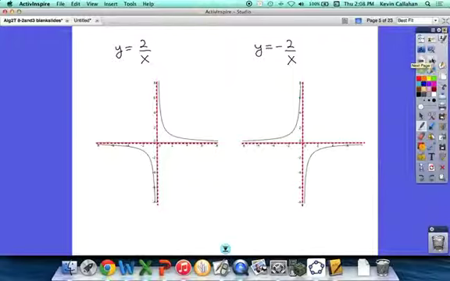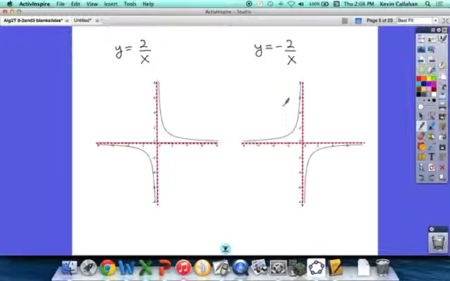All right. So what would you expect if I started with this parent function and put a minus in front? What does that usually do? It flips it across the x-axis, right? So the branch in the first quadrant goes to the fourth quadrant, and the branch in the third quadrant goes to the second quadrant.